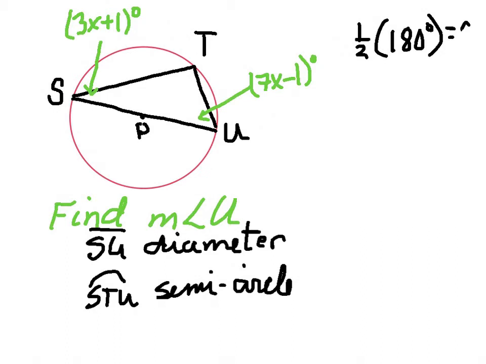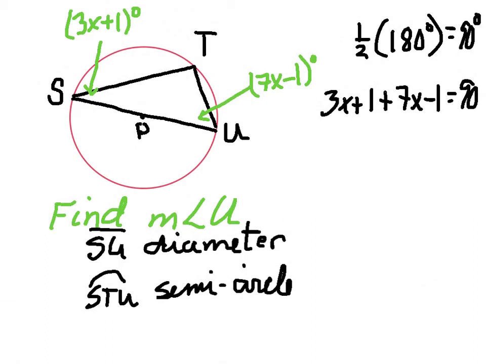That means those two angles together add up to 90 degrees. So I add the angles, 3x plus 1 plus 7x minus 1, and that should equal 90 degrees. That gives me 10x plus 0 equals 90. Divide by 10, so x equals 9.